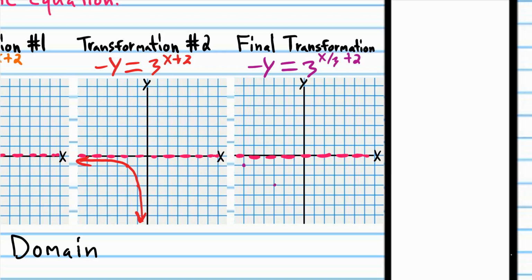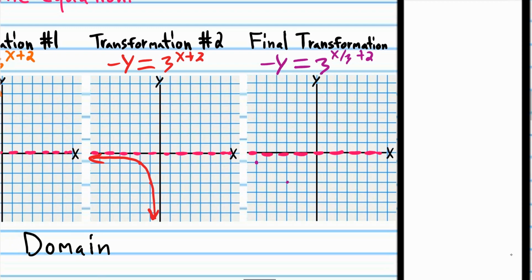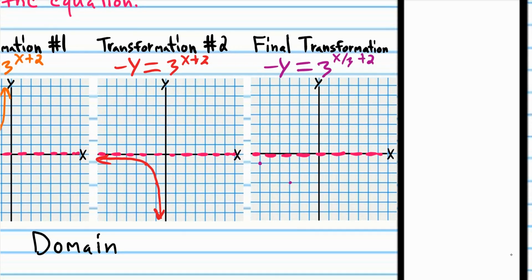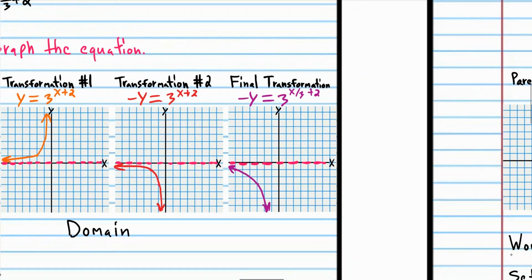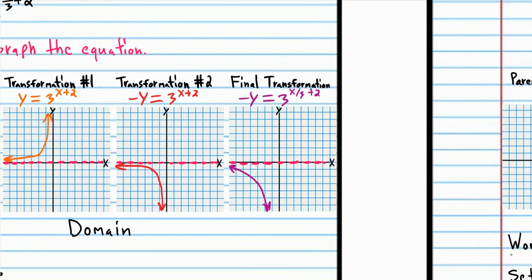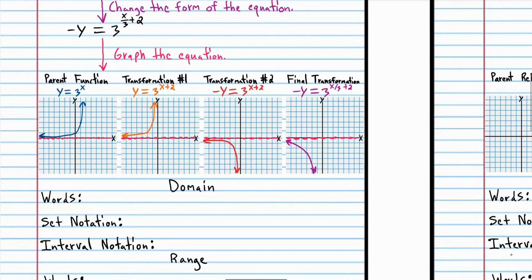So it's going to go here. And let's see, any other points that we can find easily would be off the window. So I'm just going to connect the dots. Your graph doesn't have to be 100% accurate. We just have to get the general idea of what's happening.